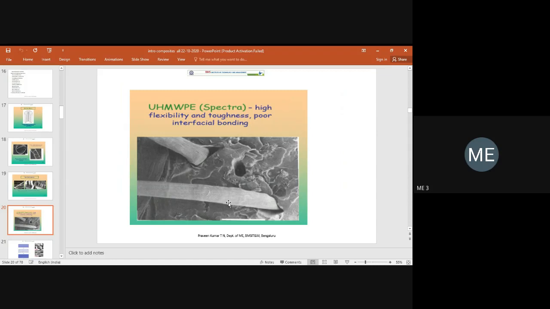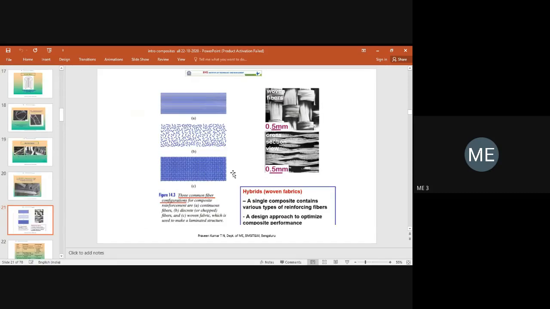A best example, you can imagine, is the thread in a candle. You can pull out the thread because the interfacial bond between the thread and the candle material is very weak. Sometimes the thread may cut, but most of the time it comes out. That is referred to as poor interfacial bonding strength.